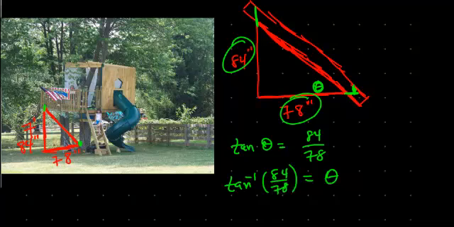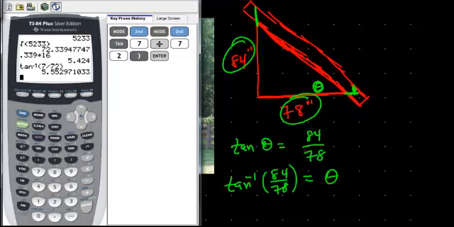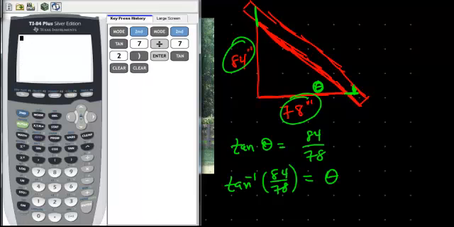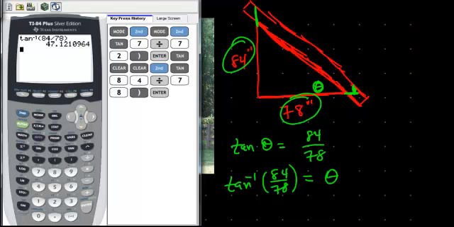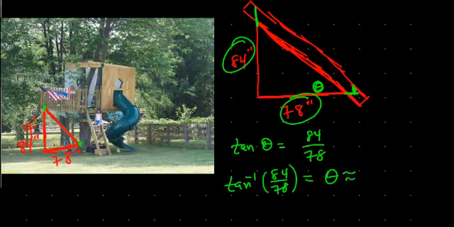Oops, I didn't get the inverse, did I? Second. There we go. The inverse tangent of 84 over 78 had better be close to 45. This is about 47.12 degrees.